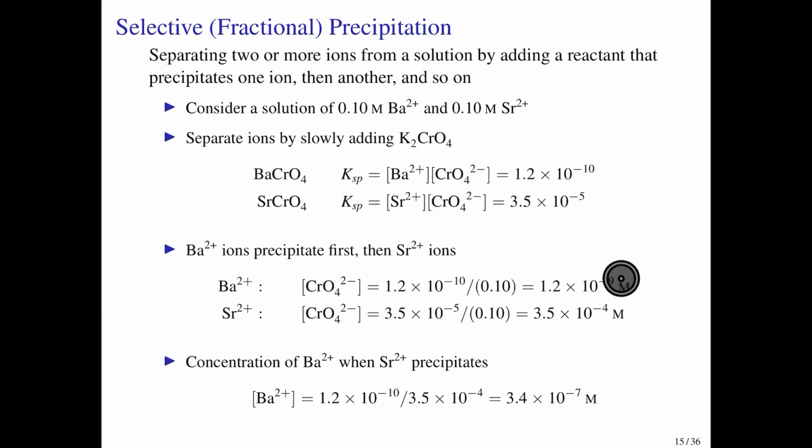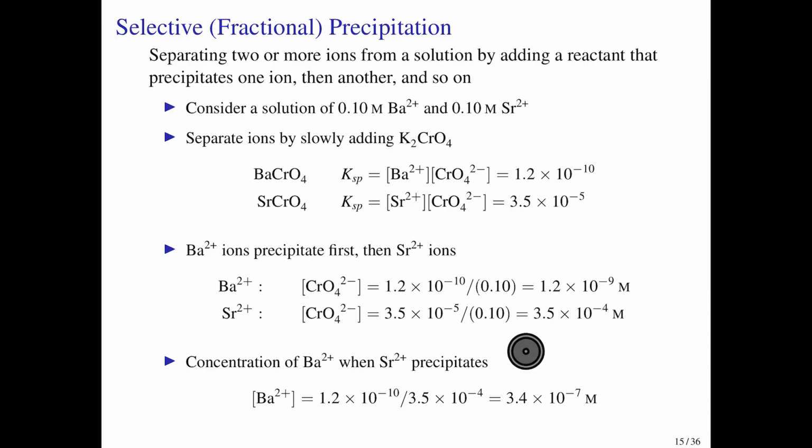When you do that, you find that the barium chromate will precipitate out at 1.2 × 10⁻⁹ moles per liter chromate concentration, whereas the concentration of chromate required to precipitate out the strontium is much higher. So if you add the chromate in very slowly, you'll get the barium chromate to precipitate out of solution before the strontium chromate has had a chance to precipitate.